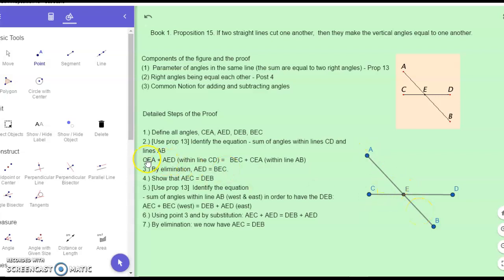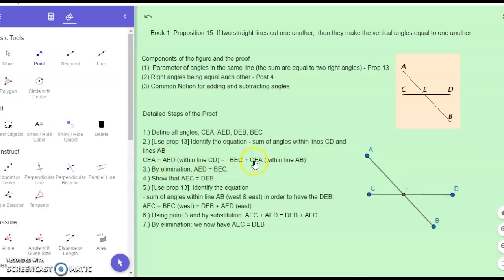Since both the northern part of CD and the western part of AB have the sum of their adjacent angles equal to two right angles, we can have this statement: CEA plus AED is equal to BEC plus CEA.